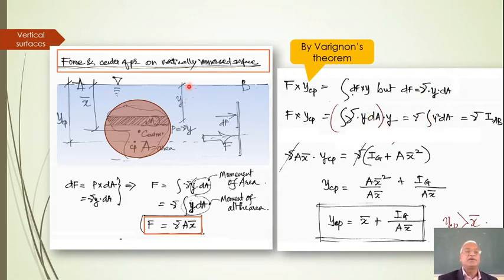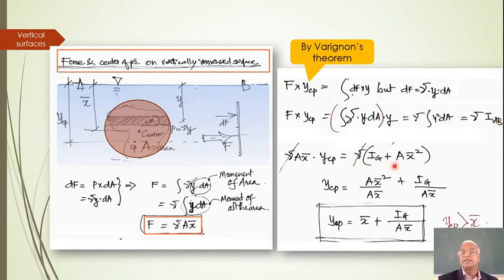Y squared dA, about AB, is the moment of inertia. So if I simplify, gamma A x bar or gamma A h bar times YCP is equal to gamma multiplied by I about AB.